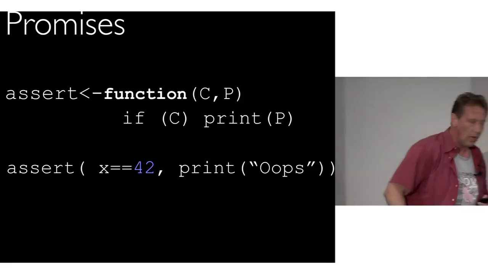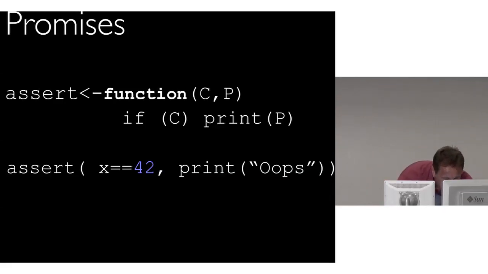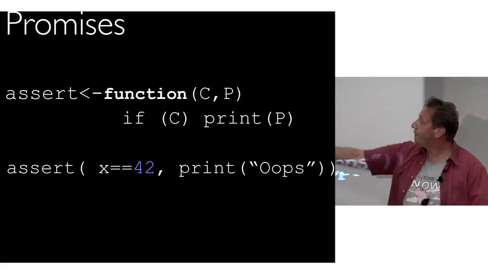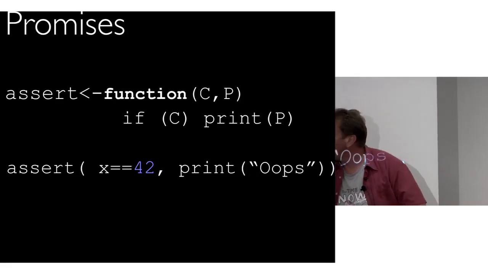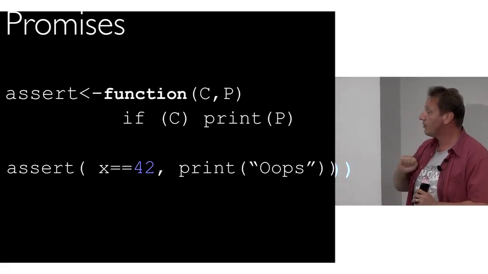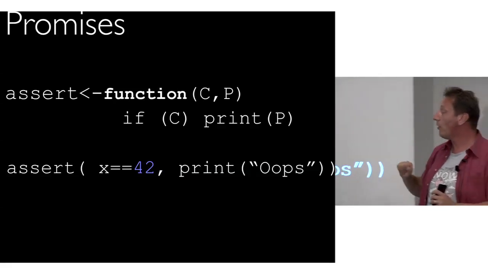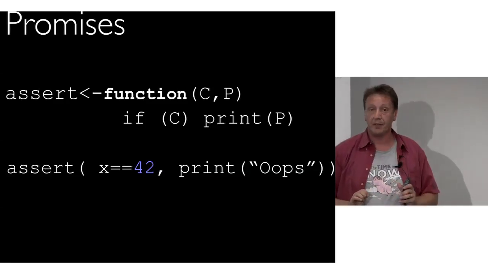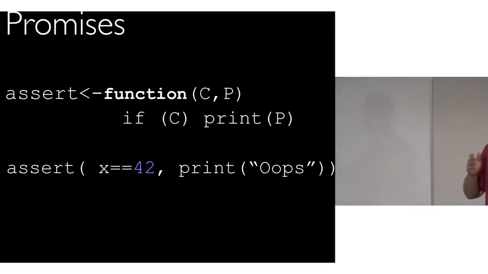I'll simplify it further. And this is what I meant to write. Voila. If C is true, it evaluates the second. And now I can call assert, and assert has the right behavior because both of the arguments are boxed into promises and only evaluated on demand. Okay? Everything is like that. Everything is boxed.